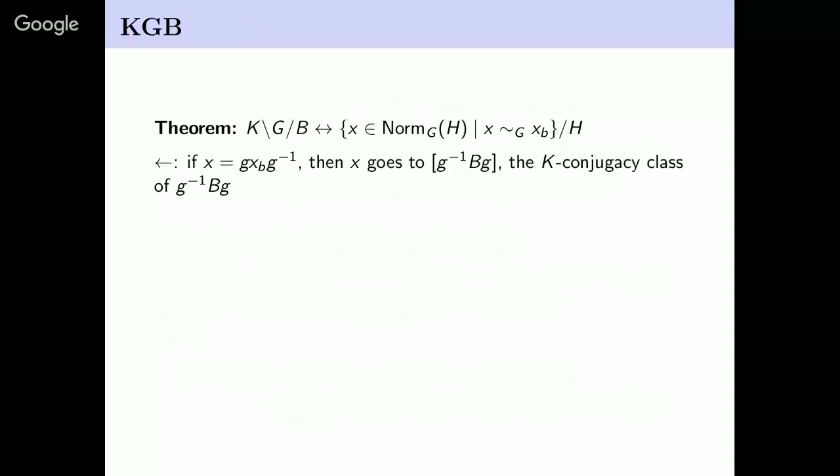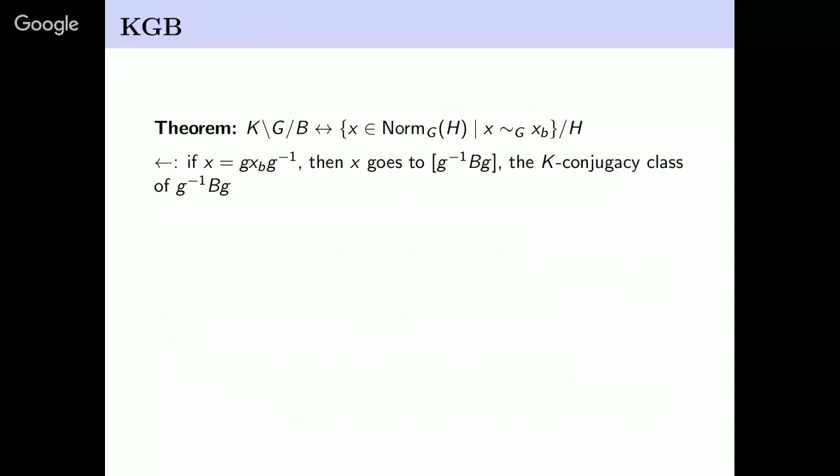So B is this fixed Borel subgroup. All Borel subgroups are conjugate, so this G inverse BG could be any Borel subgroup in G. You get every Borel this way, and the map takes X to the K conjugacy class of this Borel.